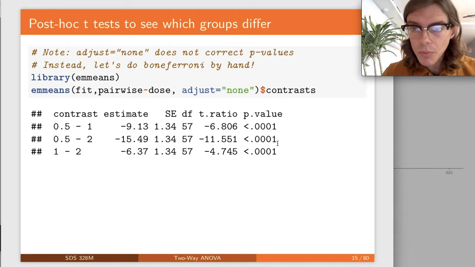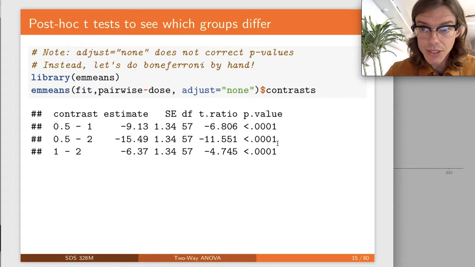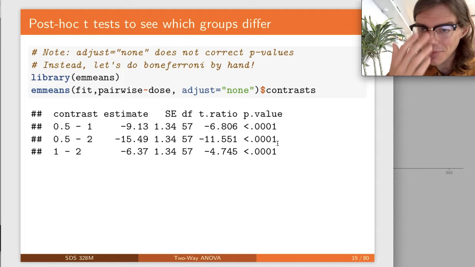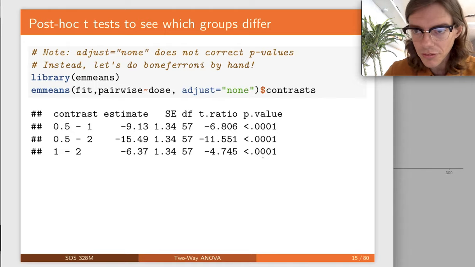But remember, we're doing multiple tests here, and we want to keep the overall type 1 error rate at 5%. So there are two ways of thinking about it. You can say, hey, let's just change the criterion for significance, right, to adjust for the fact that we're doing 3 tests. So instead of using p less than 0.05 as our criterion for significance, just divide it by the number of tests you're doing.